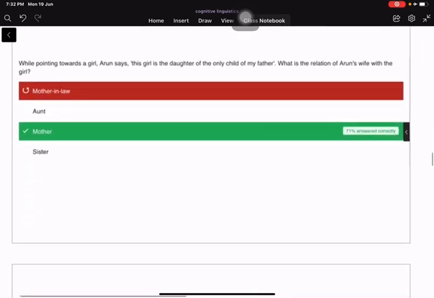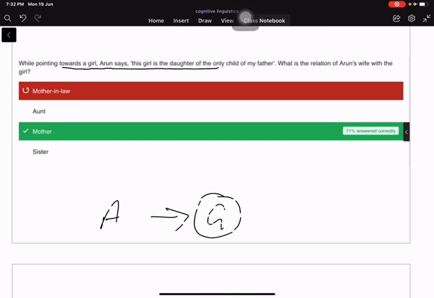Now, while pointing towards a girl, Arun says, this girl is the daughter of the only child of my father.